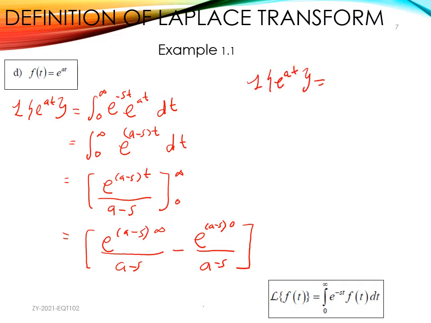It equals exponent a minus s times infinity, divided by a minus s, minus exponent 0 divided by a minus s.